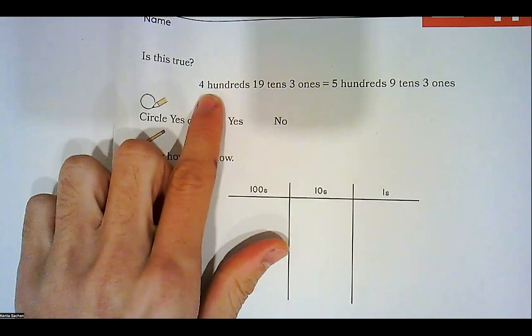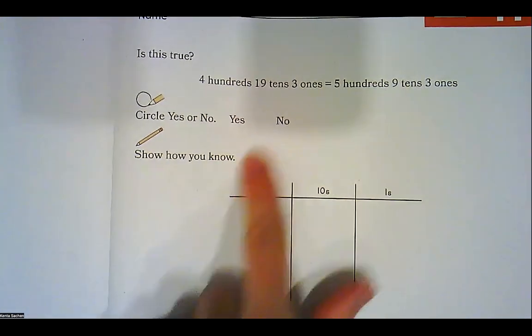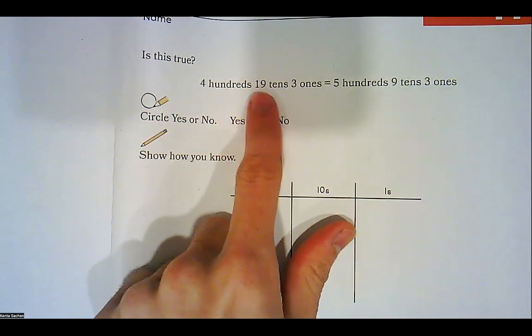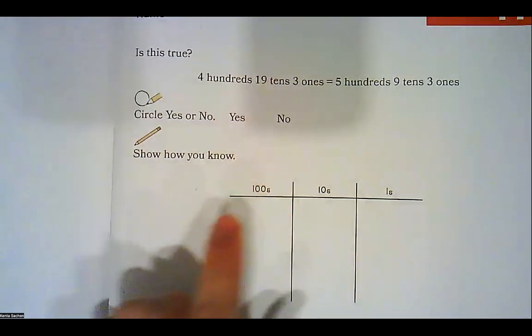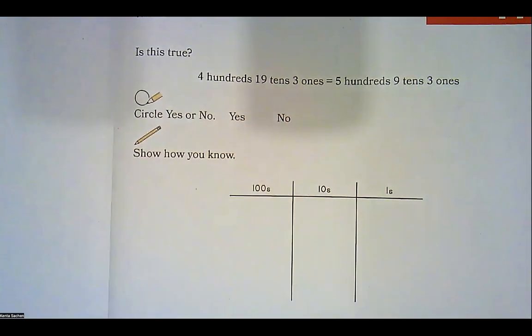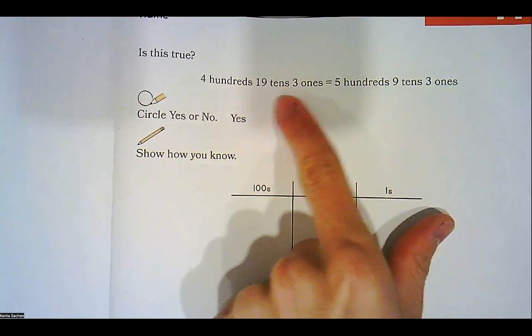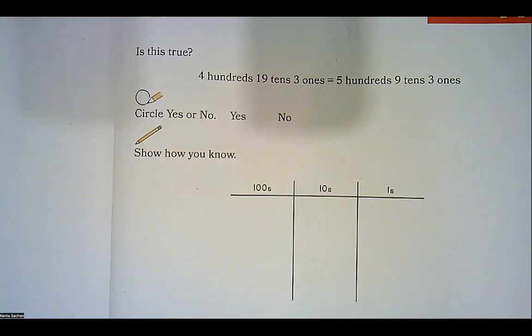So what you're going to do is you're going to draw 400s, 19 tens, and 3 ones on this place value chart. You should be thinking 19 tens, that's way too many, Mr. Sachin. You're correct, right? So move 10 of the tens to the hundreds and see if you end up with this number, right? That means it's equal. If you end up with a different number, then it's not going to be equal.